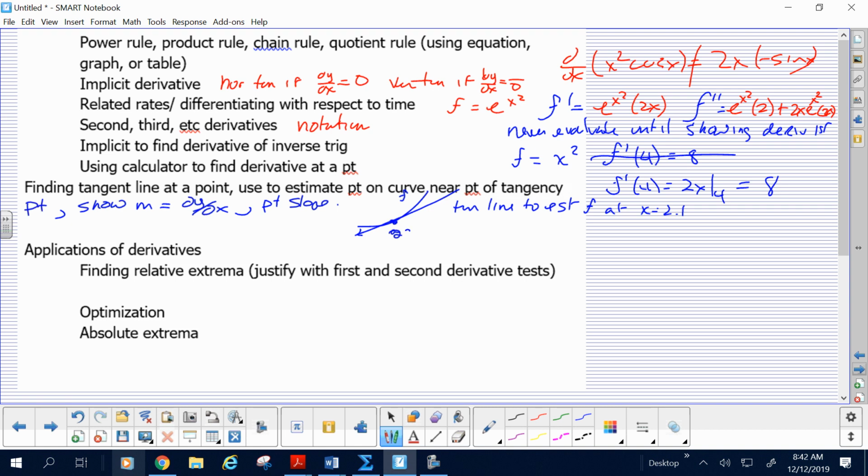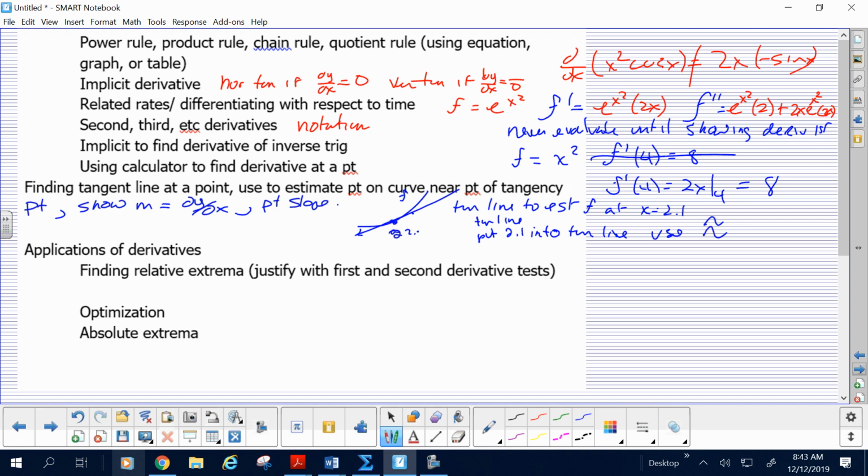At 2.1, they're doggone close. So I could say, well, the tangent line at 2.1 is this y value, and that's really close to the curve at 2.1, yeah? You still write the tangent line, and then you put 2.1 into the tangent. Make sure you use an approximation sign, not an equal sign. It's an approximation.